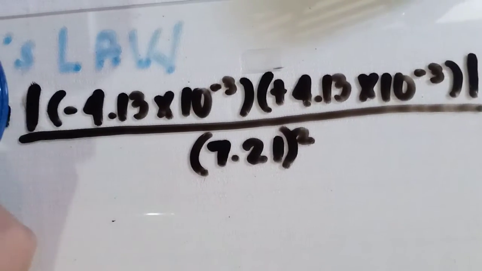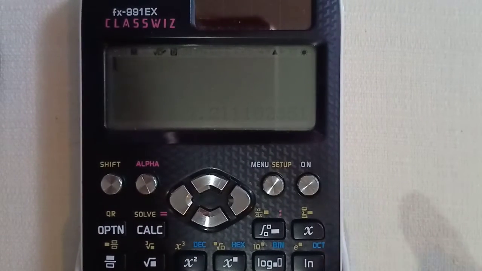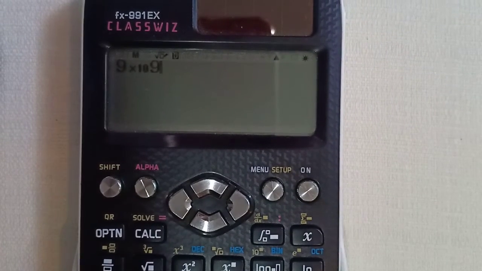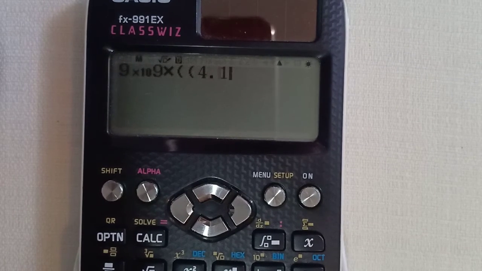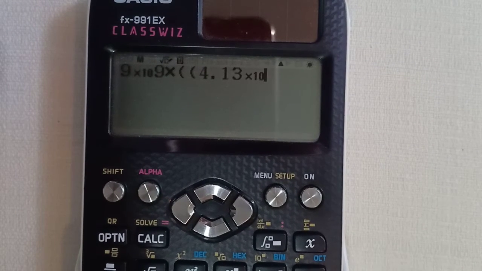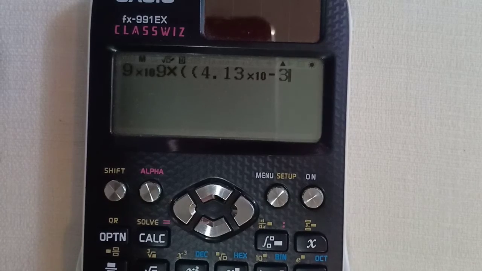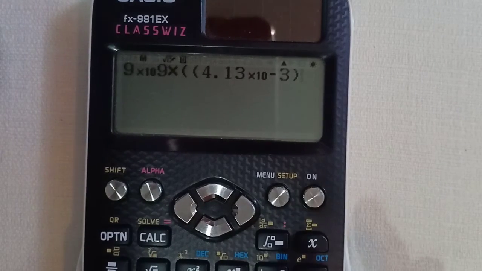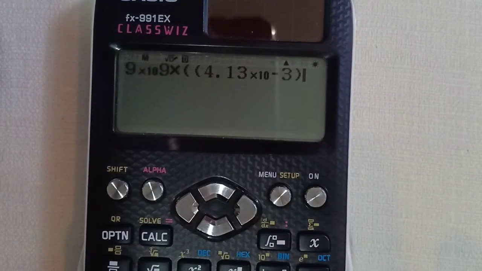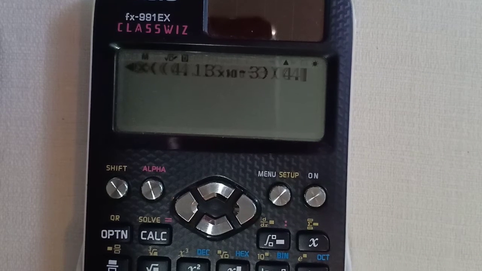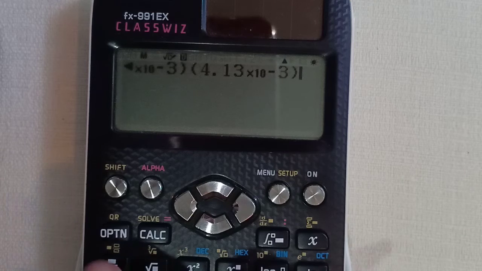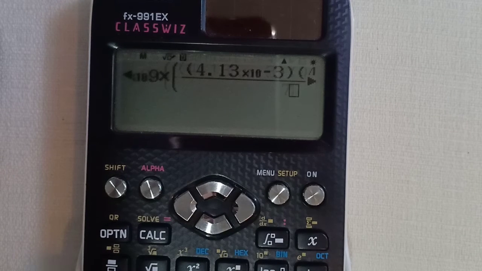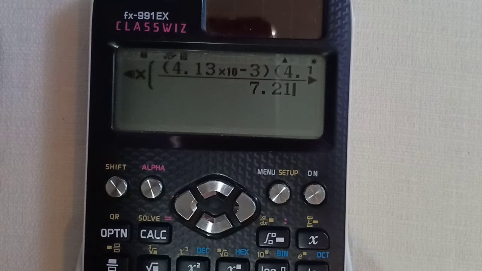And if we solve that in the calculator, we will get 9 times 10 to the power of 9 times 4.13 times 10 to the power of negative 3. I will just disregard the signs because it's absolute value. Times 4.13 times 10 to the power of negative 3 all over 7.21 squared.